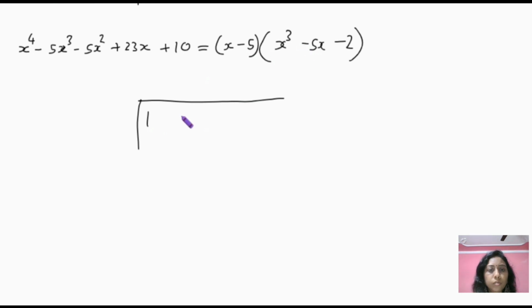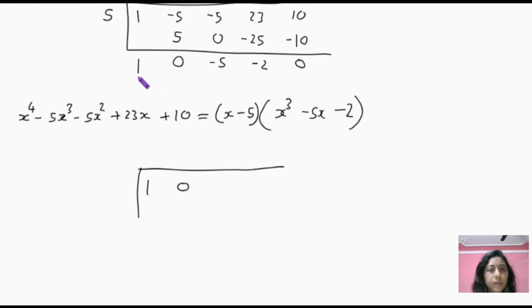There is no x square term, so we can write 0. So write 1, 0, minus 5, minus 2. The x coefficient is minus 5 and this is the constant. Okay, and we can divide by negative 1.